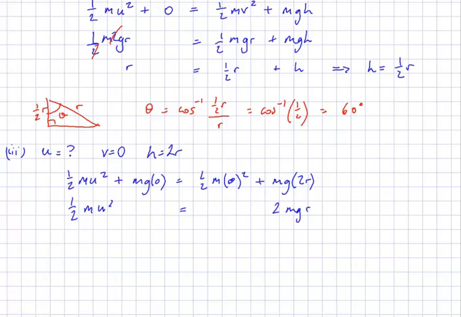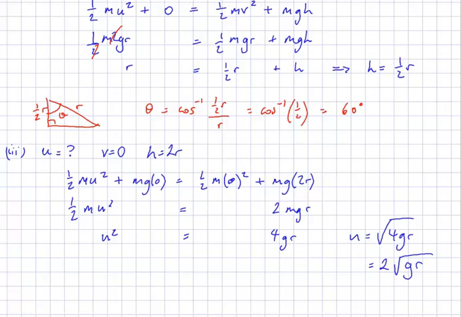If we double it to get rid of the half, and divide by m both sides, we end up with u squared is equal to 4gr. If I square root that, I get root of 4gr, and I can bring that 4 outside and it becomes 2 root gr.